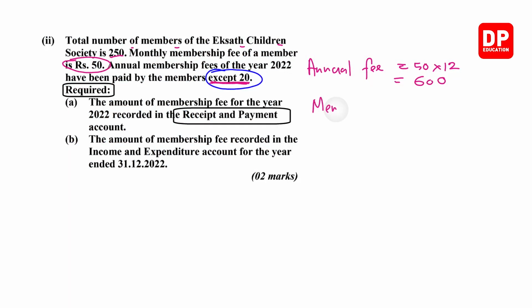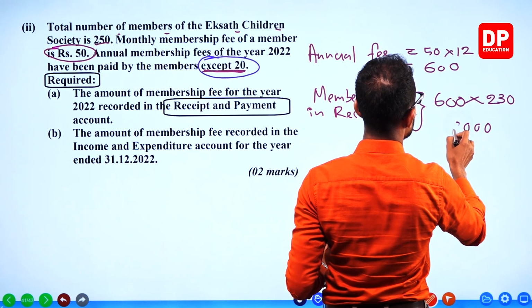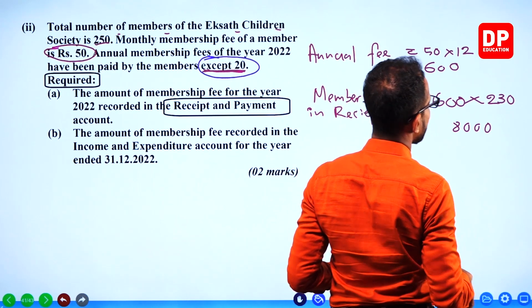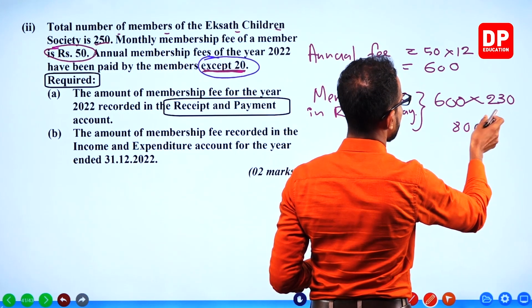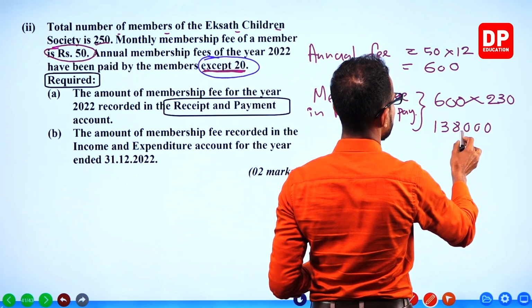So the answer for membership fee in the receipts and payments account is 600 times 230. The answer is this much, right?